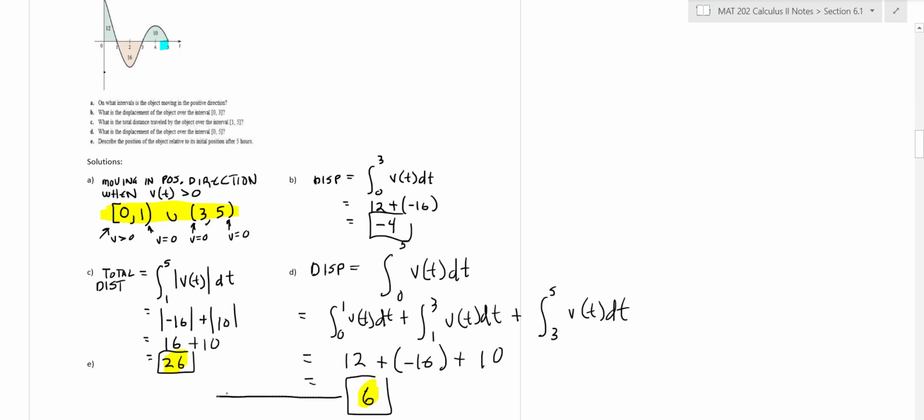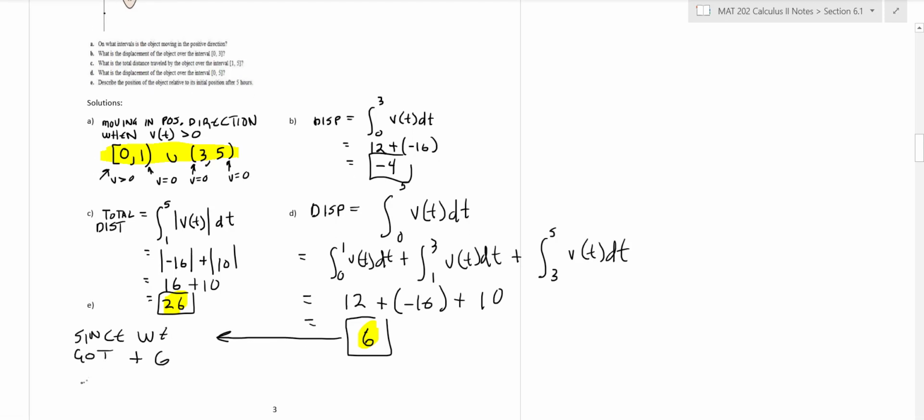So since it was a positive number, and the key is we got positive 6, that means that we are 6 miles on the positive side of the initial position.